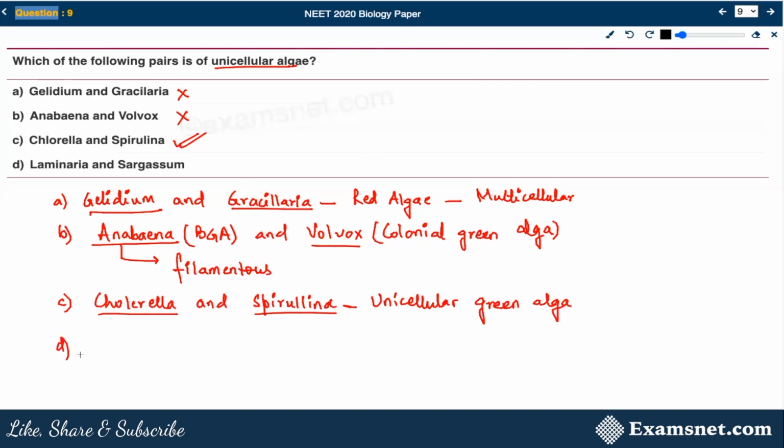And the D option again, D option is Laminaria and Sargassum. So Laminaria and Sargassum both are multicellular brown algae.